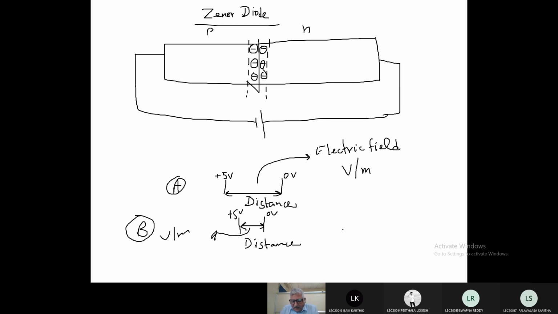In case A, the distance across the potential difference is more. In case B, the distance across the potential difference is less. So where will you find high electric field, in case A or case B? Yes, some student respond.